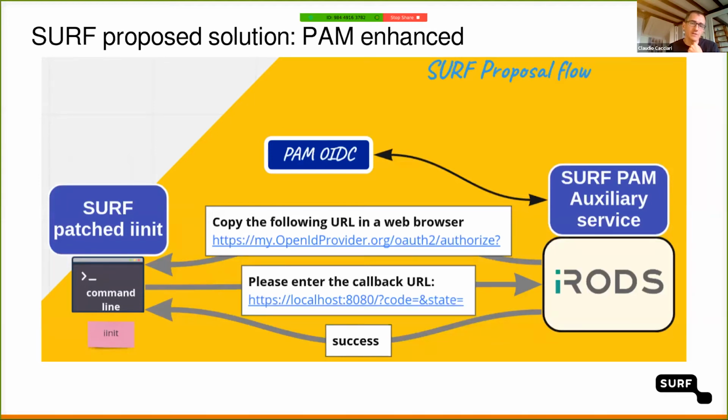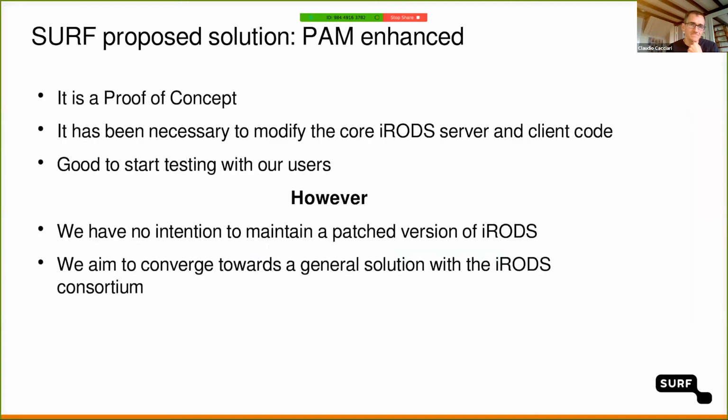So we patched iRODS, the client side, to support an arbitrary exchange of messages with the PAM module. And we also patched the server side, introducing an auxiliary service which is able to support a full PAM conversation. And in this way we are able to implement our proposal.